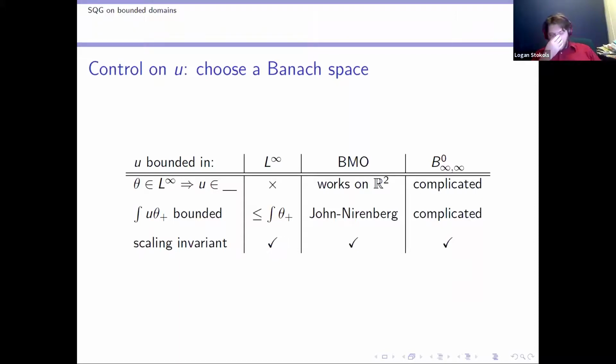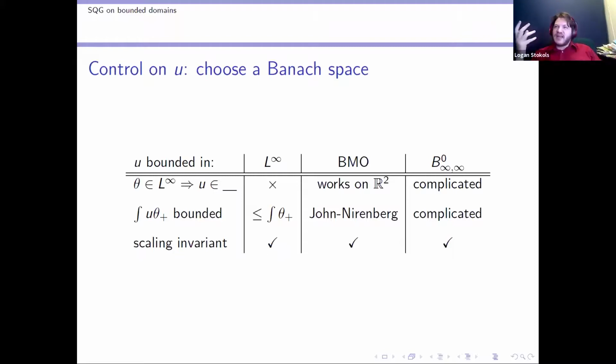I'll define it in a second, but it scales like L infinity, so that's nice. Is the Riesz transform bounded from L infinity to B0 infinity infinity? No, but something close enough to that ends up being true.